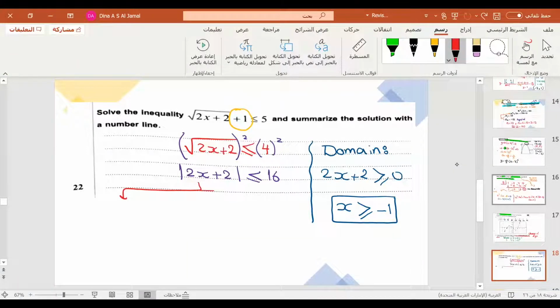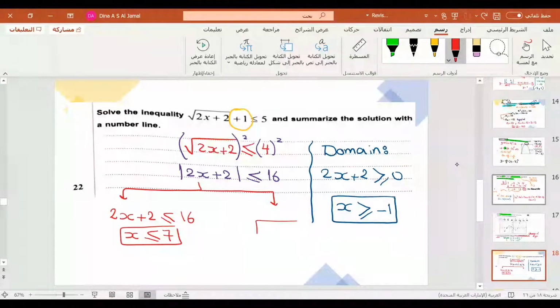Please watch the video. So I will be solving the case which is important for me, 2x plus 2 less than or equal to 16. After solving this, your x will be less than or equal to 7. You will get another value here, but you will reject it because it is out of the domain.